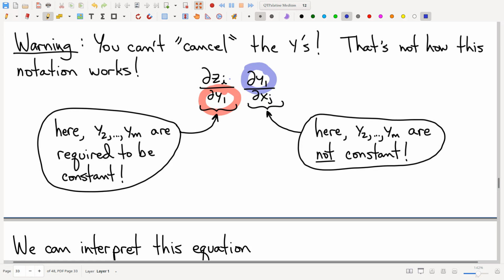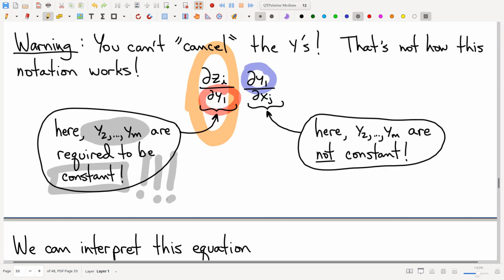So let me be a little bit explicit. When I say they're in contradictory scenarios, think about where this comes from: this partial derivative is taken with respect to y1. Just a quick reminder, what is a partial derivative? Partial with respect to y1 says that I'm going to insist that the other y variables all be held constant.